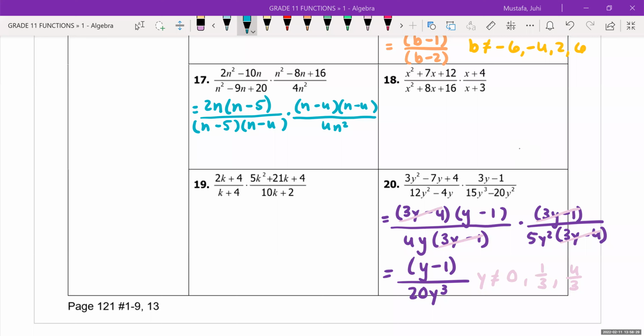Okay, so I factored it and I got all that stuff in the blue. Now I'm going to start cross reducing and seeing what I can cross out. So n minus 5 and n minus 5 is gone. And then I have an n minus 4 and an n minus 4. I also have a couple of monomials. Question?